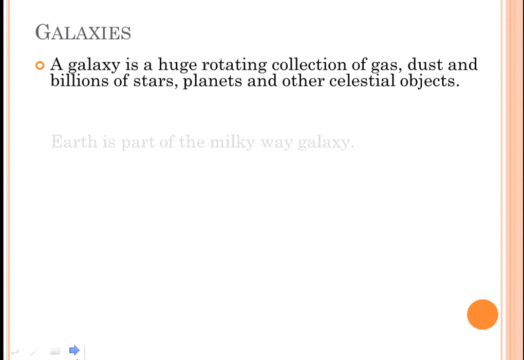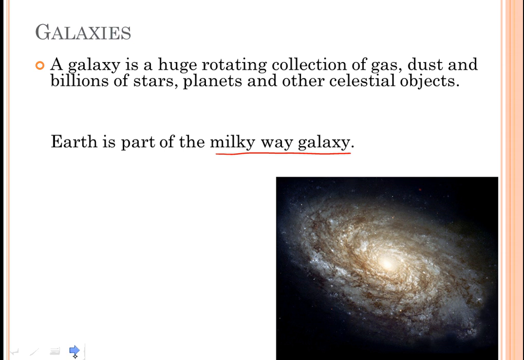Galaxies, of course, are just huge collections of gases and dust and stars and planets and everything. Our galaxy is the Milky Way galaxy. If you look at this galaxy, what you may not realize is that Earth is on one of these spiraling arms.